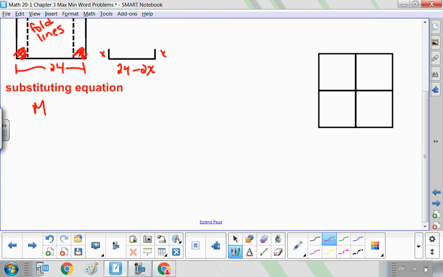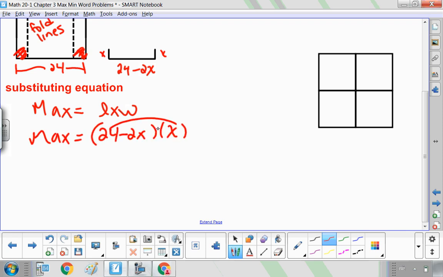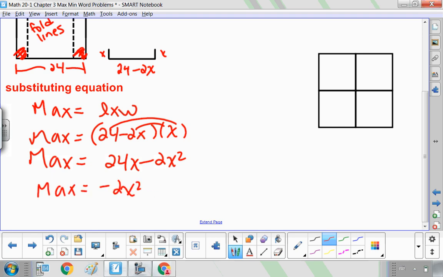So my maximum area, length times width, the length is 24 minus 2x, and the width is just x. So distributive property, I have a maximum area of 24x minus 2x squared, or writing it with my x squared first, negative 2x squared plus 24x.